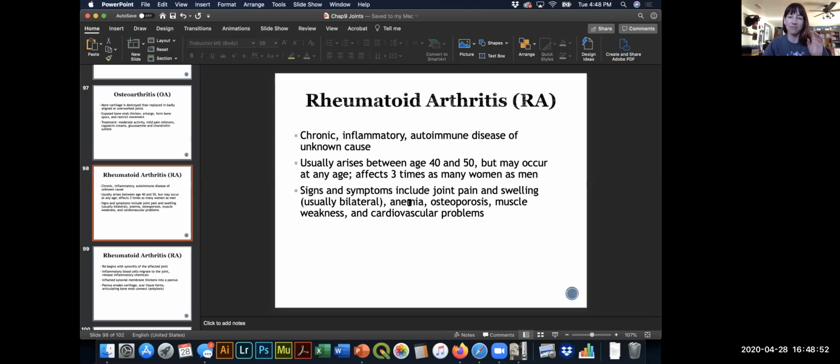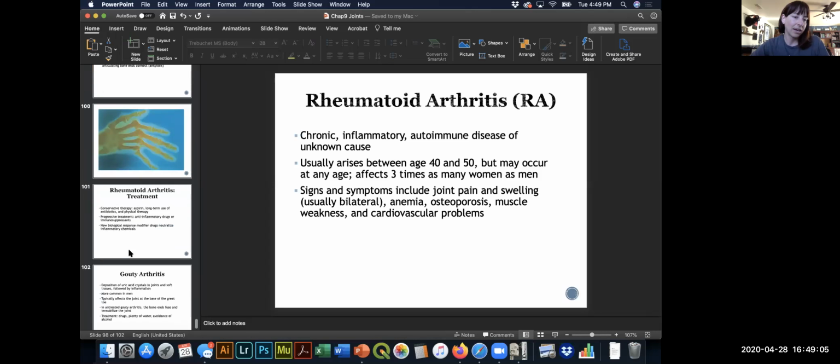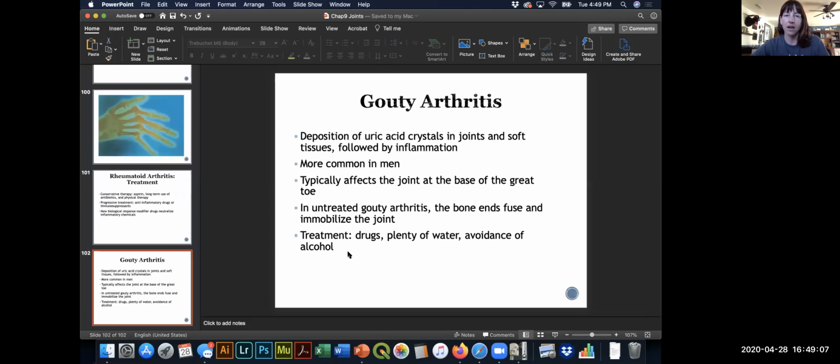You also will have anemia, osteoporosis, muscle weakness, and cardiovascular problems, just because the immune system is attacking the self, right? And then lastly, gouty arthritis is when you have uric acid crystals being deposited into the joints, okay?